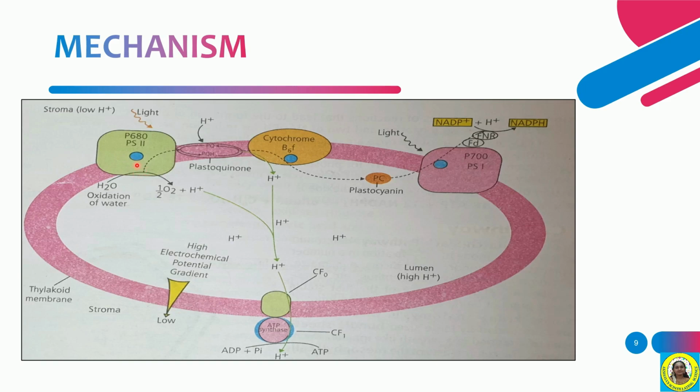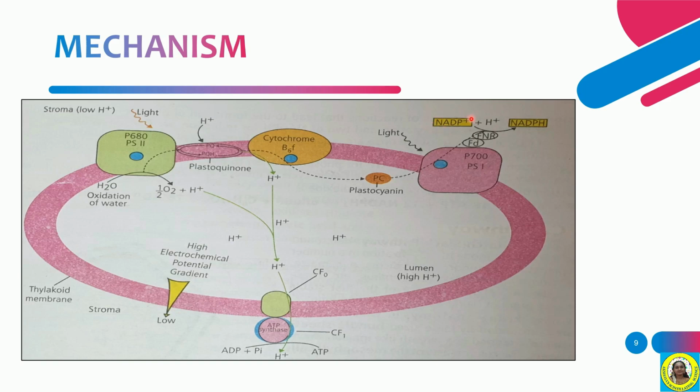Further, PS2 passes electrons to the proton carrier plastoquinone, which transports 2H+ for each electron it carries from stroma to lumen. Then the electrons travel through cytochrome b6f, plastocyanin, and then PS1, ferredoxin and protein, and as a result of the action of NADP reductase, NADPH is formed from NADP+.